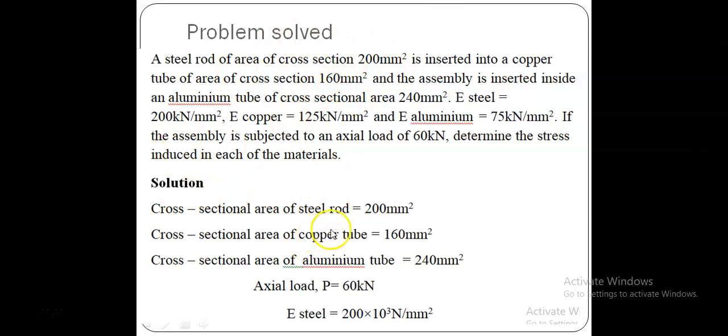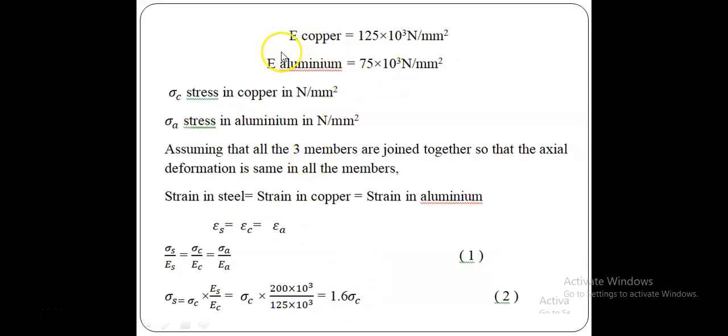So how much stress or force is carried by each material, that is what we are going to find. The cross-sectional area of the steel rod is 200, the copper tube 160, and the aluminum tube 240. Axial load is given, and E of each material is also given. Let sigma c be the stress in copper and sigma a the stress in aluminum.